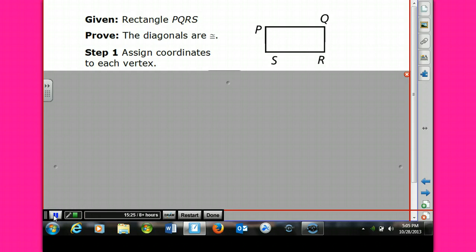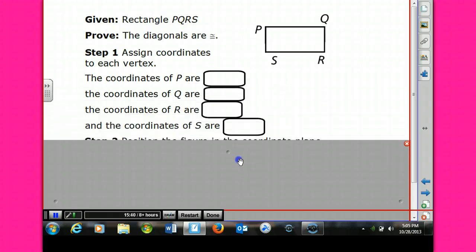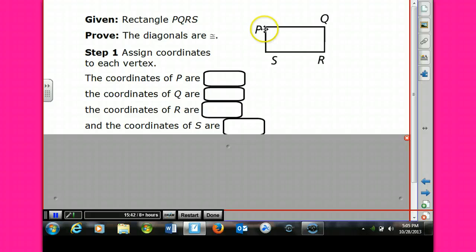Given that we have a rectangle PQRS, let's prove that the diagonals are congruent. The first step would be to give each vertex coordinates. We could say that P is at (0, B), so we fly B. In that case, S would be at what? That's right, (0, 0).